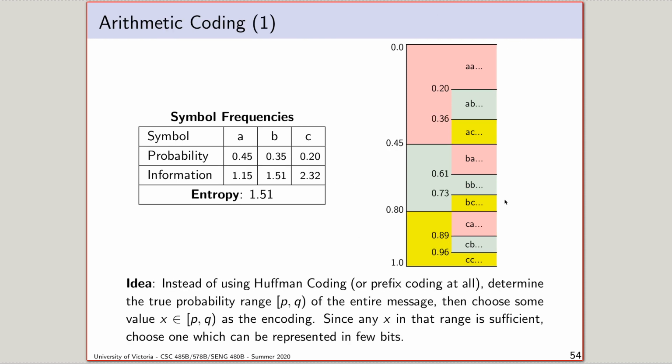All I want is this. I would like to have the encoded probability of each symbol equal its true probability. So the real estate for A sits between 0 and 0.45. And the real estate for AA sits between 0 and 0.45 times 0.45. And the real estate for AB sits between 0.2 and 0.36, which is 35%, the width of which is 35% the width of 0.45.